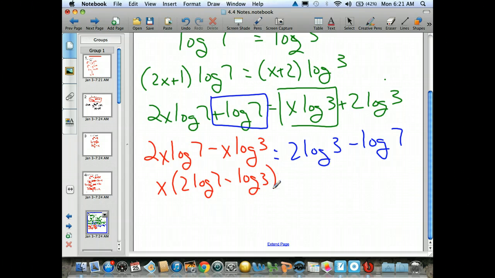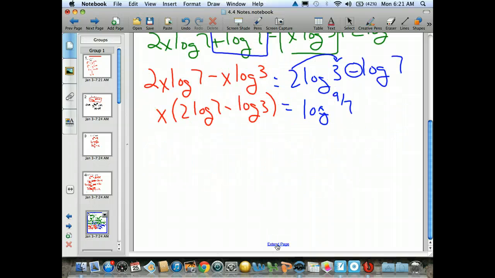And on the right-hand side, notice I can use the power rule to bring this 2 inside, and then the quotient rule because of the subtraction. So this just simply becomes common log of 9/7. Now I didn't really need to do that, but it makes my equation much easier to deal with the fewer terms I have in that.